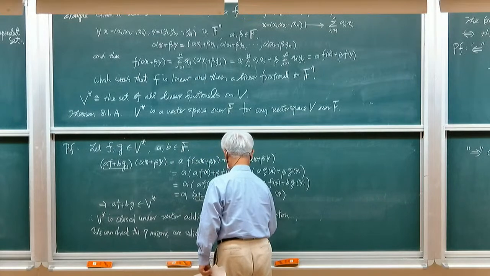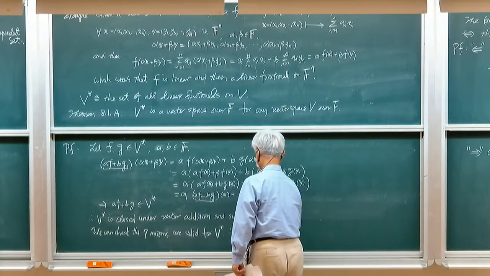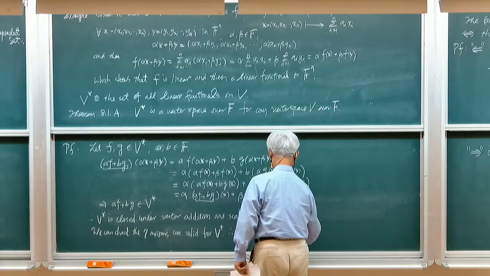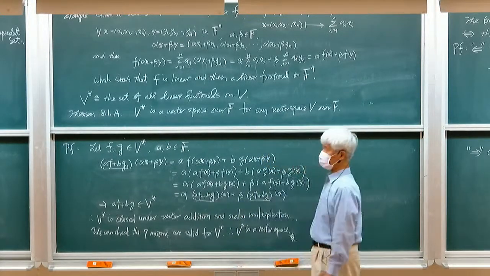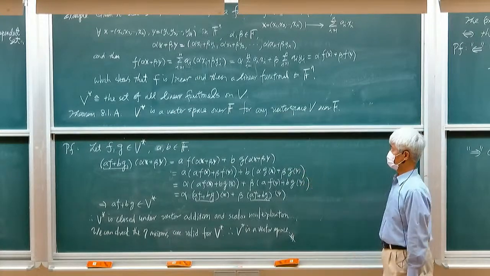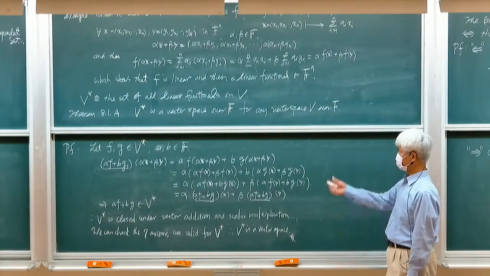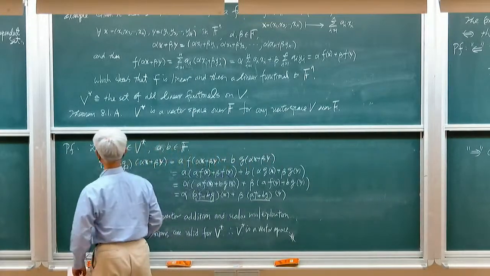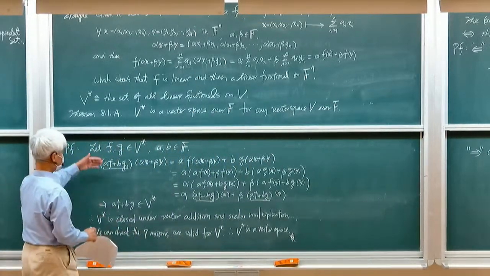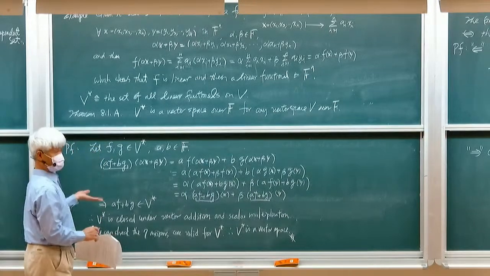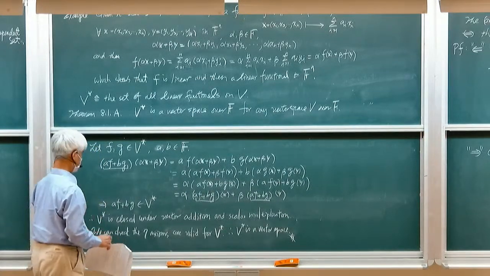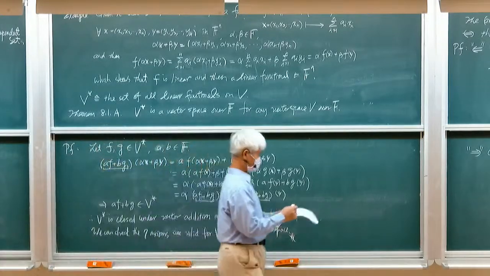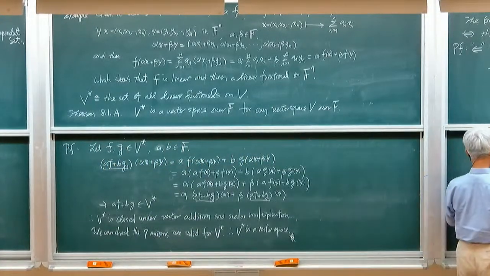Okay, so V star is a vector space. Right. Of course, we have to check one by one, but they are functions. Okay, but they are linear transformations, so they are special types of linear transformations. So that should be the case. Okay, so V star is a vector space.